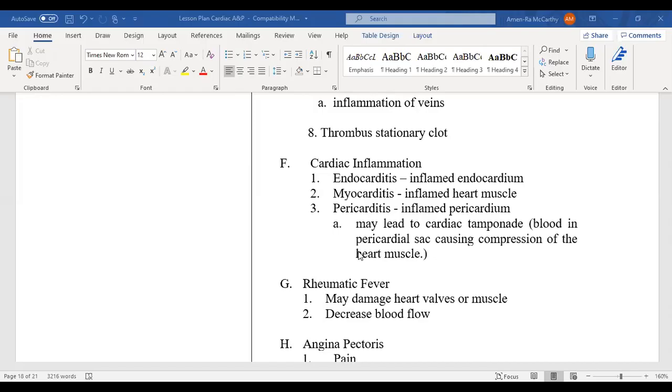Then the middle layer of the heart is the myocardium. And then the outer layer of the heart is the what? Pericardium is the sac. Epi. Epicardium. Right? The layers.